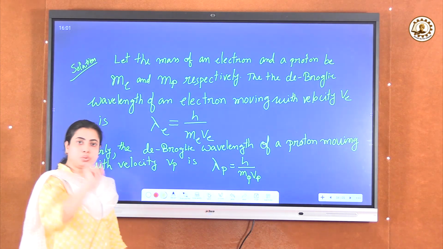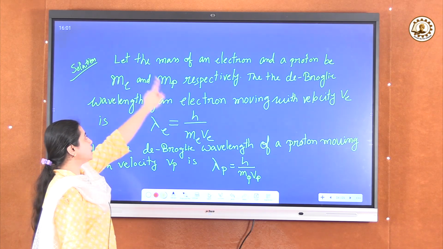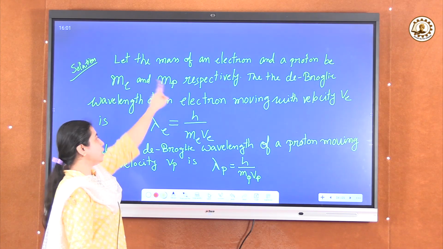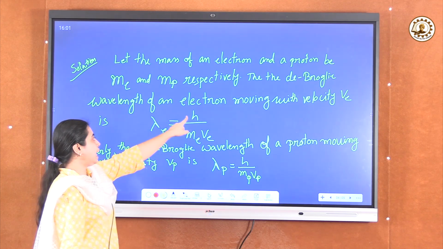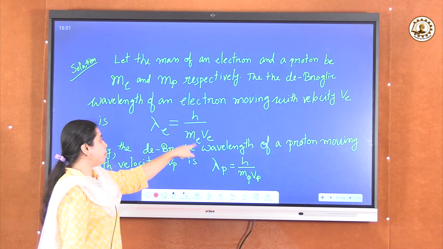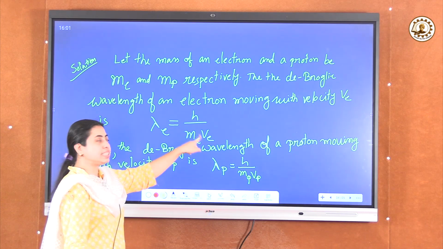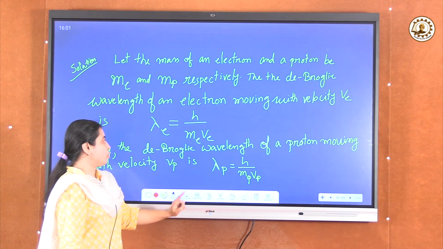We will consider two things: mass of the electron as Me, mass of the proton as Mp. Now the de Broglie wavelength of the electron we can write as h divided by momentum, that is mass of the electron Me and Ve, the velocity of the electron.